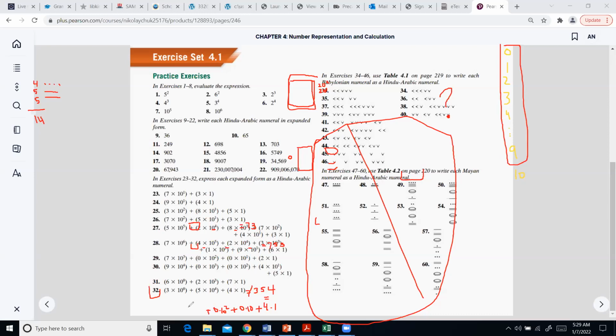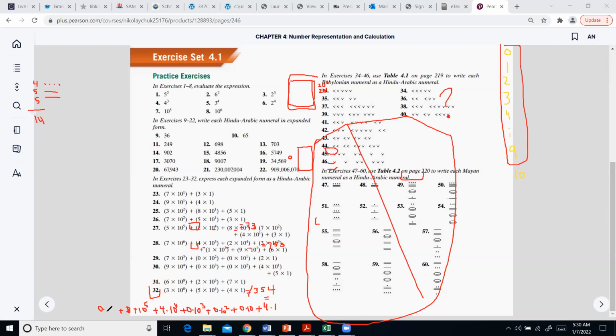And 0 times 10 to the power of 3, 0 thousands. But we have now 4 ten-thousands. You see how this number should actually be treated? So I don't skip any of these powers of 10. And this way I will be able to see the digits that are actually supposed to be present in this number.